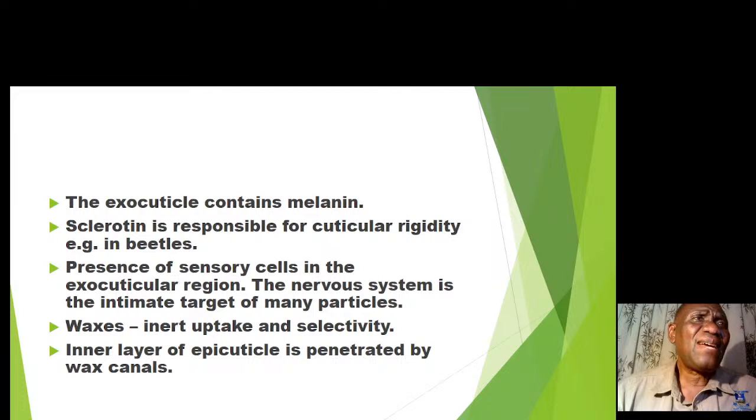Then the inner layer of epicuticle is penetrated by wax canals. So waxes can prevent entry of pesticides inside the insect and protect it.